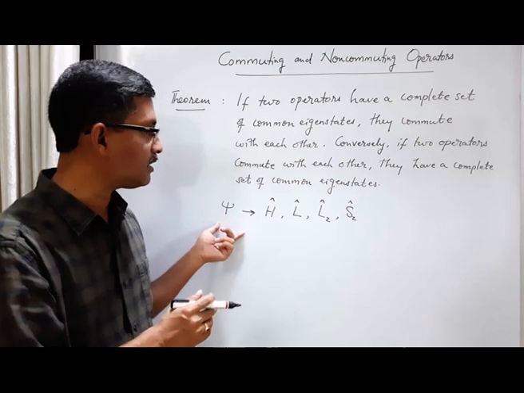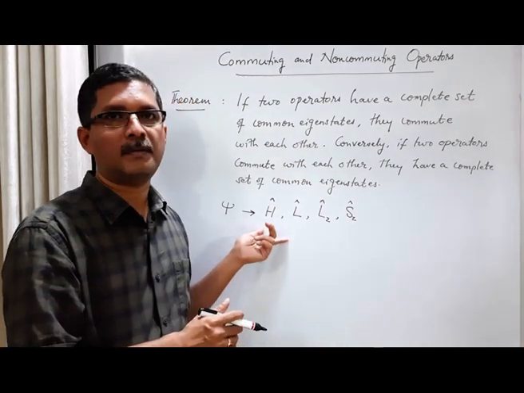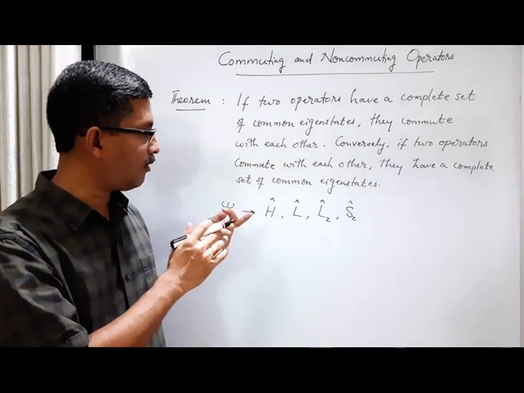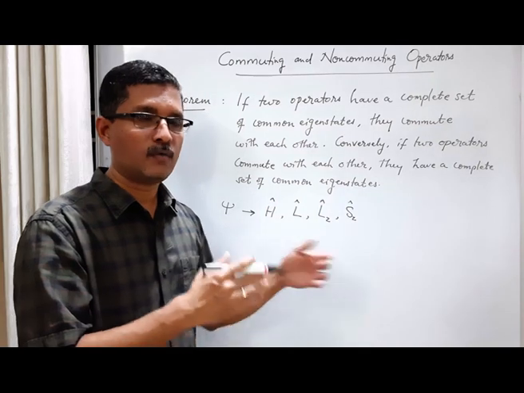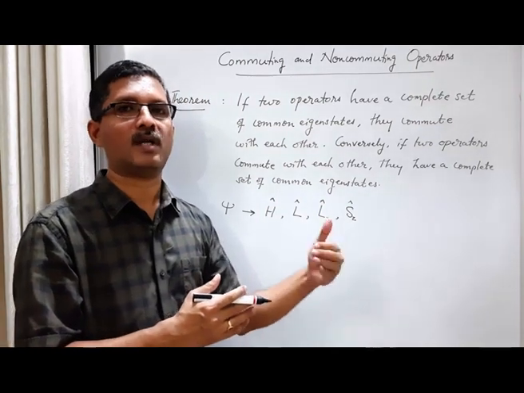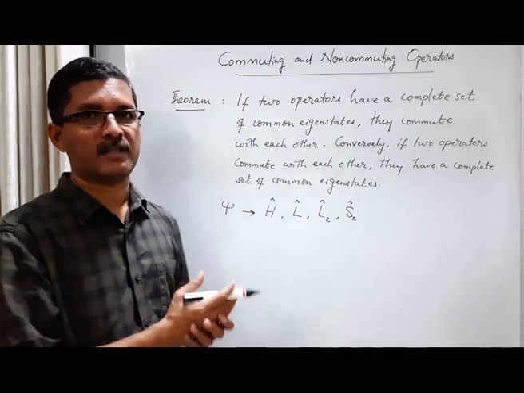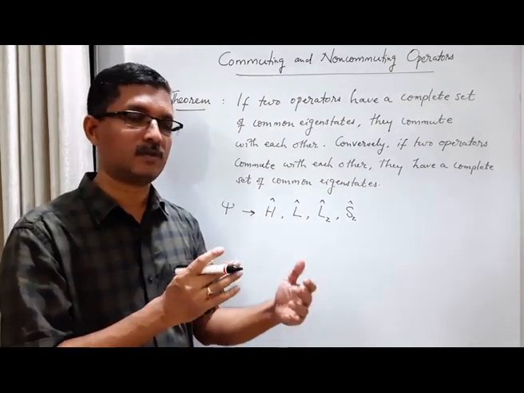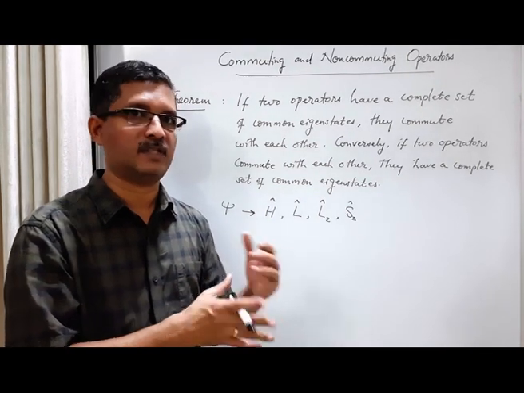In the case of stationary state of hydrogen atom, they are common eigenstates for only these four operators. In the same way, for any state, there is an upper limit to the number of operators with which this state is a common eigenstate. In other words, there is an upper limit to the number of operators which are commuting with each other.